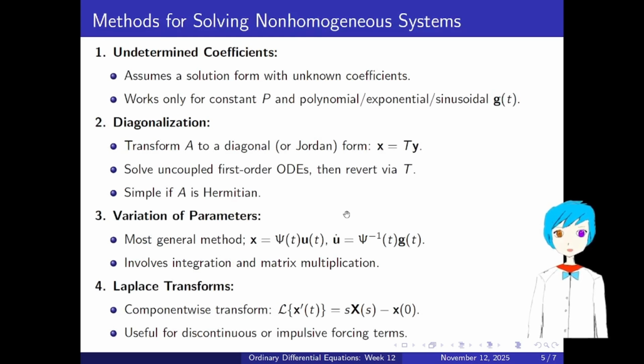So to be more specific, different approaches are applicable to different types of problems. For the undetermined coefficients method, it works very well for constant P and a simple function for the source term, like polynomial, exponential, or sinusoidal function g of t.